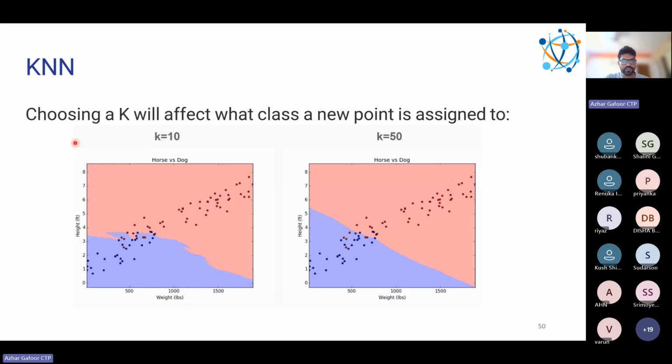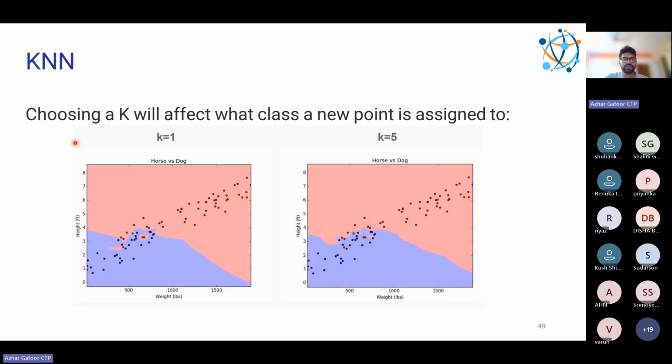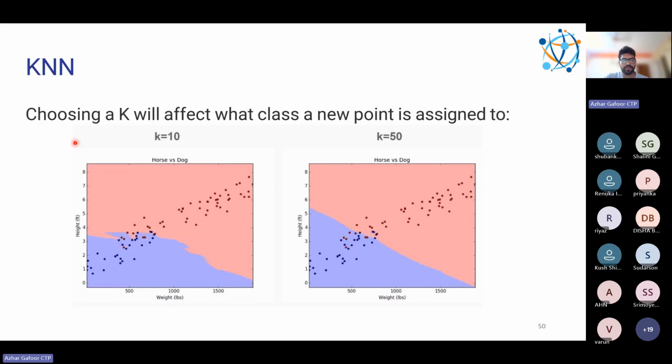One way to do it is during validation, we can set this K. We can train for different K values, and during testing, we put unseen data to the model and find the error in that case. Okay, thank you, sir.